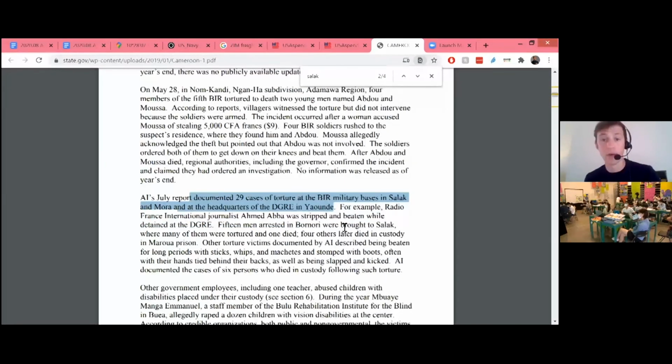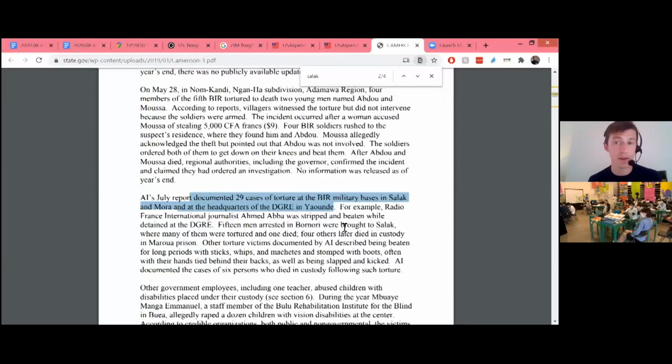So what does this tell us? Well, this is information which is relatively easy to find through a Google search. And this tells us that the US government already knew that there have been allegations of torture and violence at these bases against civilians. So that's really important information, right?